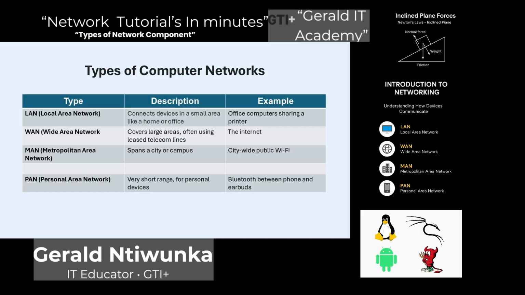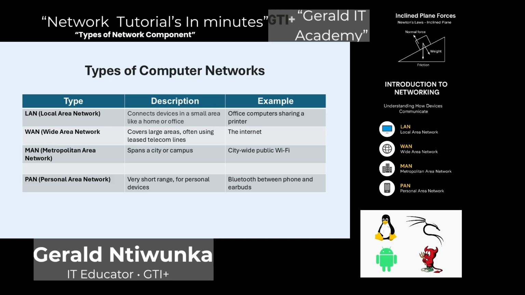Now we have the types of computer network that we are going to discuss in detail in this lesson. We have LAN, which is local area network. We have WAN, which is wide area network.